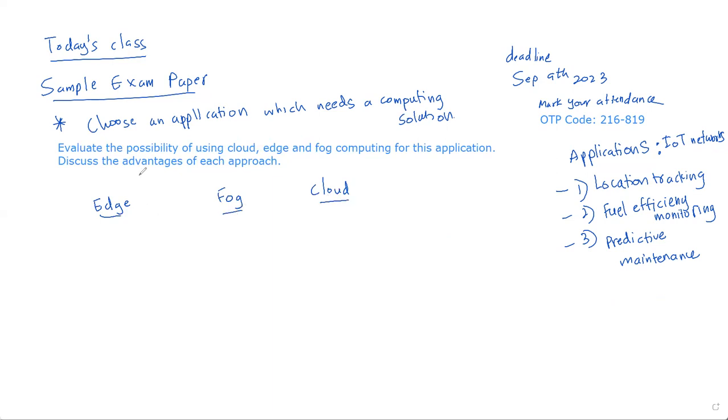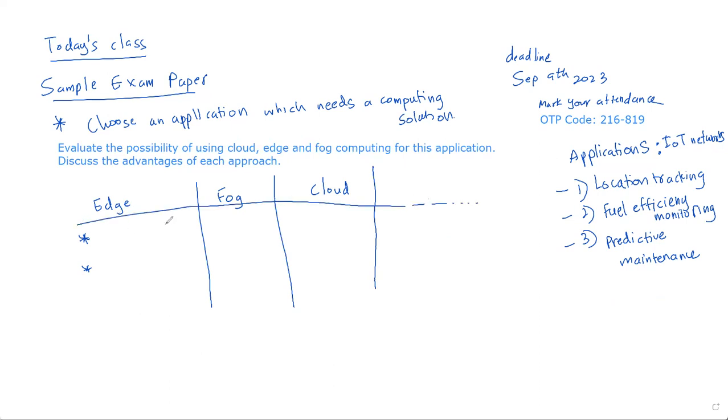In edge computing, what are the advantages? Once you consider all three approaches, what is the special advantage of using edge computing? What is the special feature in edge computing? It has the lowest latency.